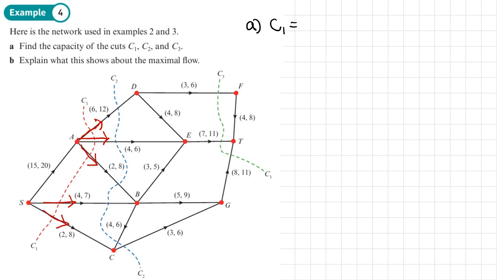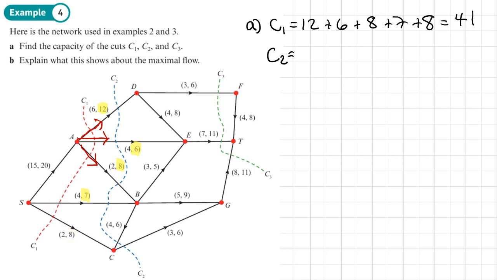They all flow in. So when they flow in, we add together the maximum flow of each of those paths. So I'll just highlight those numbers. So that's going to be 12 plus 6 plus 8 plus 7 plus 8. It gives 41.